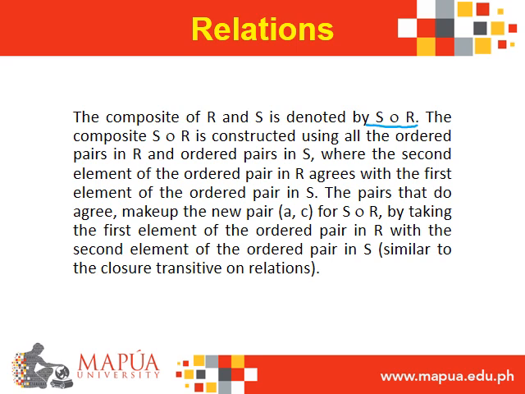The pairs that do agree eventually make up the new pair (a, c) for the composite of R and S, by taking the first element of the ordered pair in R, which is element a, with the second element of the ordered pair in S, which is element c, similar to the transitive closure on relations.